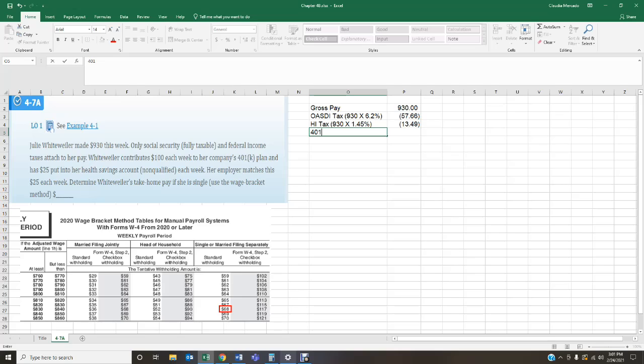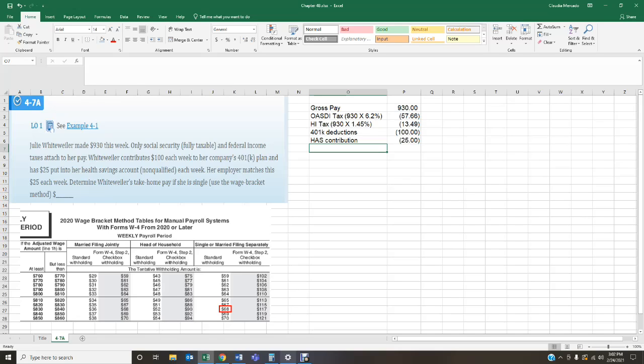So I've got my 401k deduction. That's $100 that we're going to take off for her 401k. It also says that this employee contributes $25 into her health savings account. Health savings account, okay, contribution, and she contributes $25, so we're going to take that out of her pay as well.